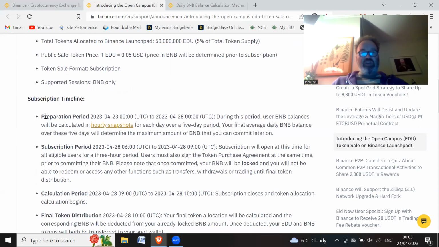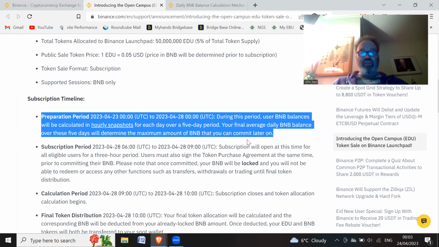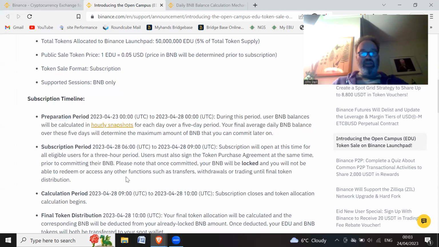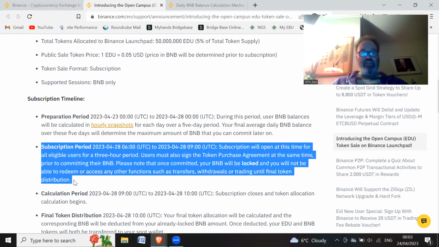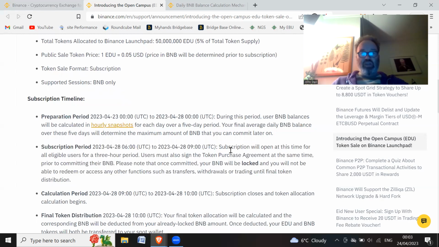So we're in this preparation period at the moment, the next 5 days. Then we go into the subscription phase. Subscription will open at this time for all eligible users for a 3-hour period, so make sure you wake up, wherever you are in the world. Users must also sign a token purchase agreement at the same time.